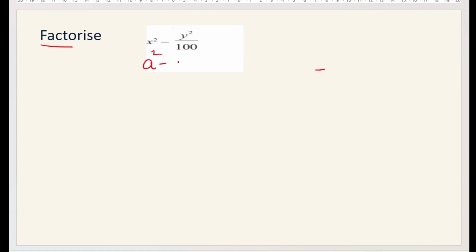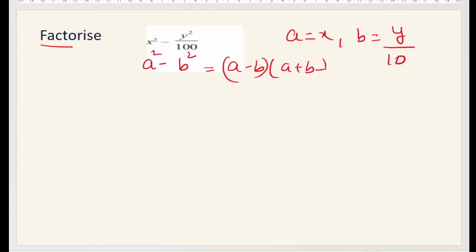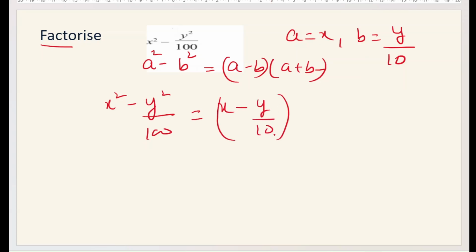So, a square minus b square. What is a? x. What is b? y upon 10. Right? So, x square minus y square upon 100 is equal to a minus b into a plus b. Simple.